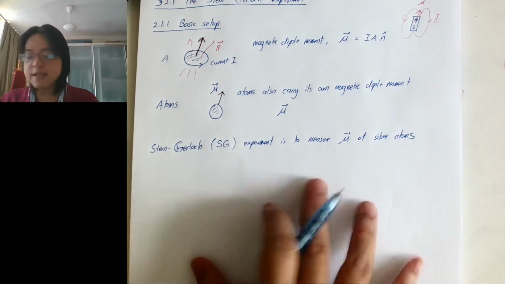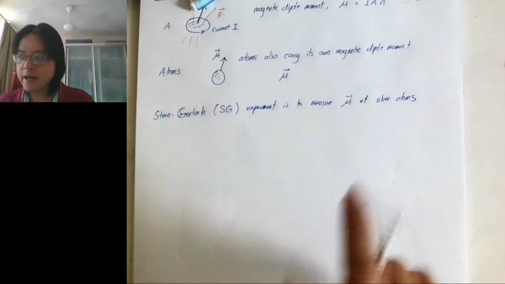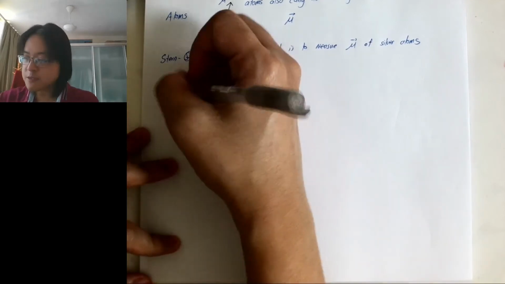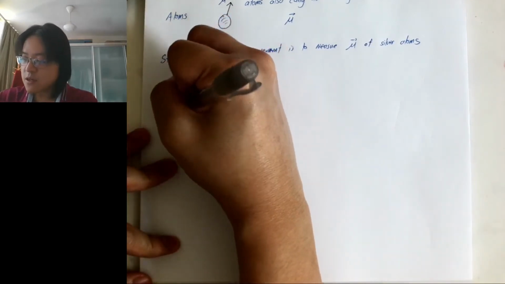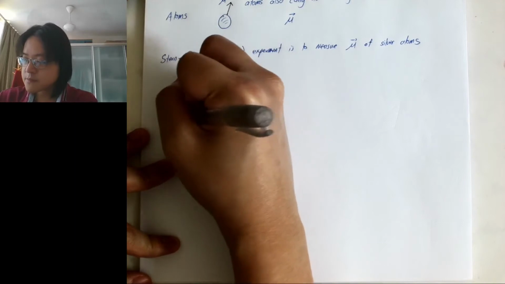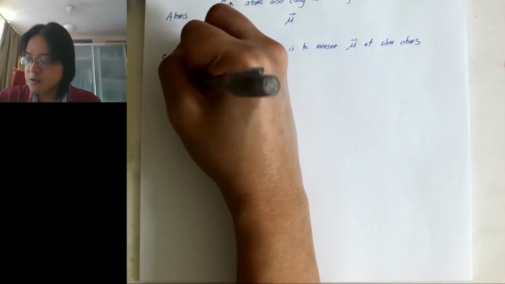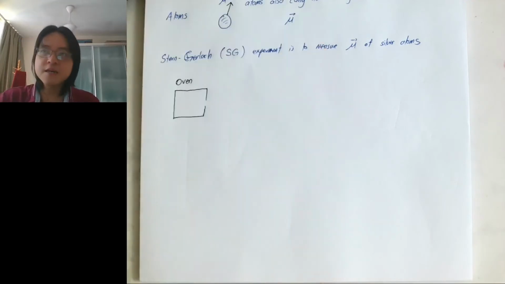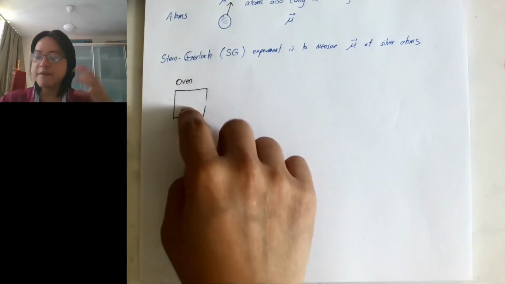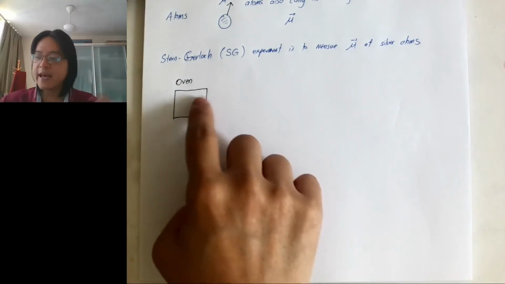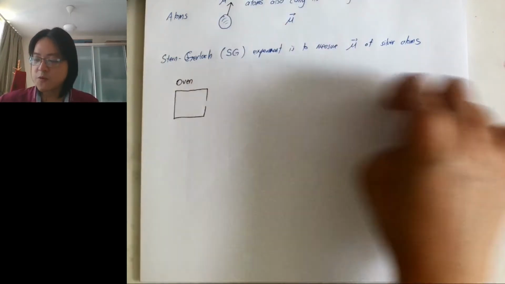Okay, so what does the experiment look like? I have drawn a nice looking diagram in the lecture notes already, but roughly speaking, you need to have a source of silver atoms. The schematic diagram calls this an oven, because you have some sample, probably a block of silver, and you put it in some oven to heat it up, and then some of the atom particles will start to release in the air, and then you let it escape through a hole here.